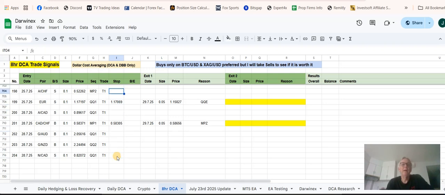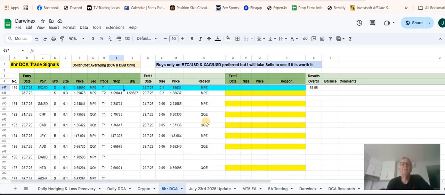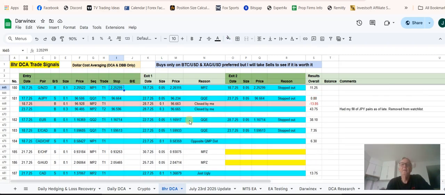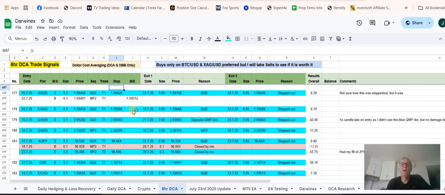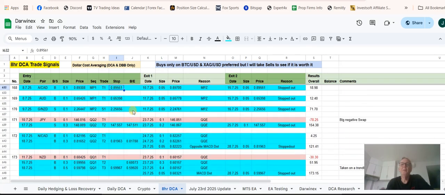You see all the trades, all the stop losses. Anytime you see this yellow, that means I've done a partial close and basically I can't lose on those trades. Blue means winning trades, obviously. And that ugly reddish colour is losing trades. So you can go and have a look at that if you want and you see where we're at.